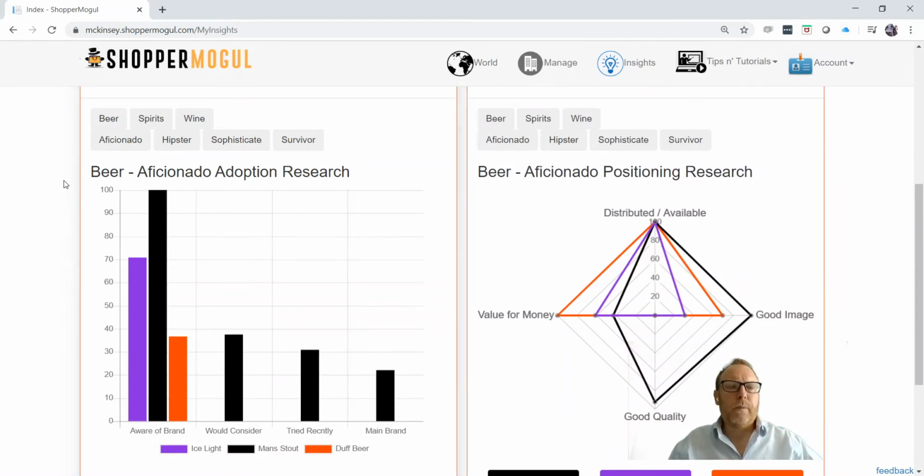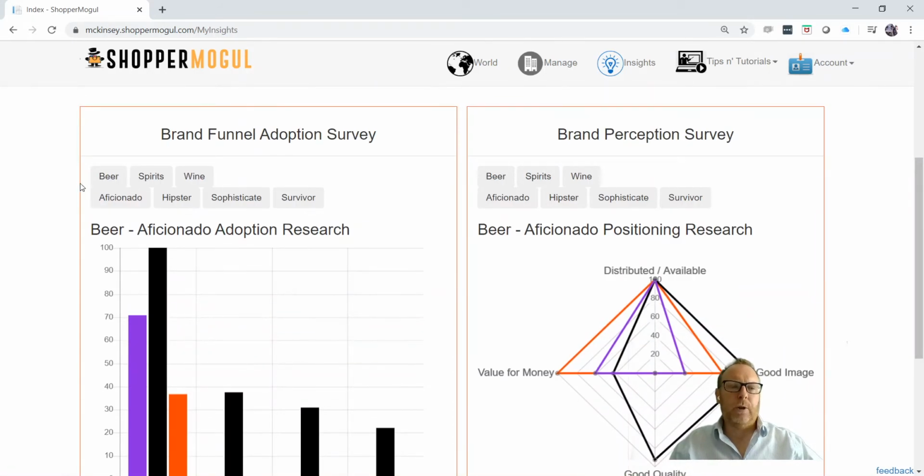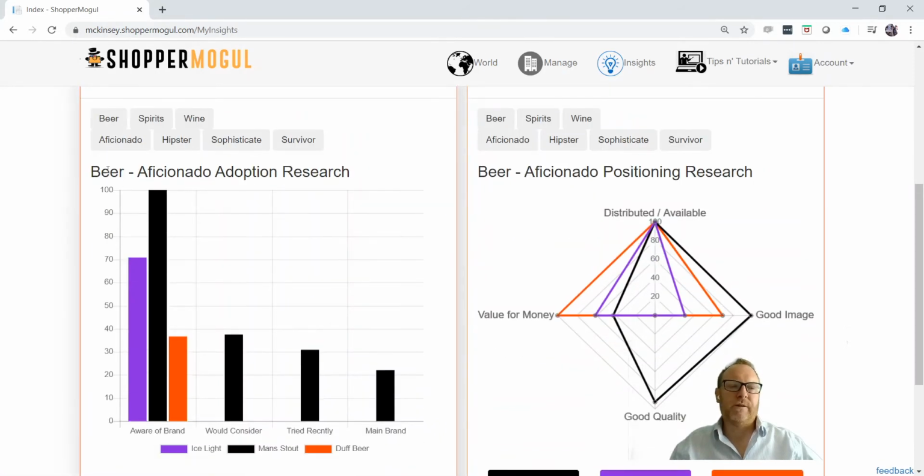So all of these are divable not just by category, but also by consumer type. So we can see this first one that's come up, it's focused on beer and aficionados. So aficionados are consumers that are particularly focused on quality of product, quality and heritage. So what does this chart show us?